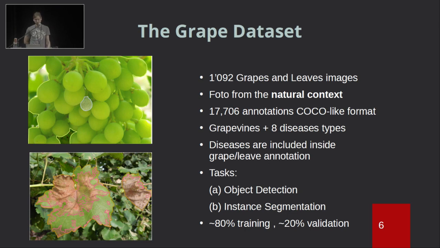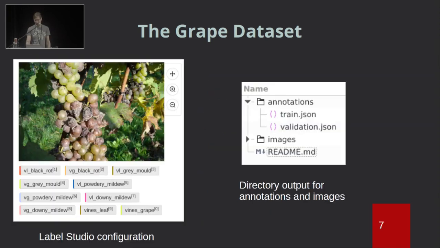So we annotated with more than 70,000 annotations. We used the COCO-like format because it's quite standard in the literature for this kind of task. And we labeled the grape, the leaf, but also 8 different diseases. And we already split for the training and the validation.